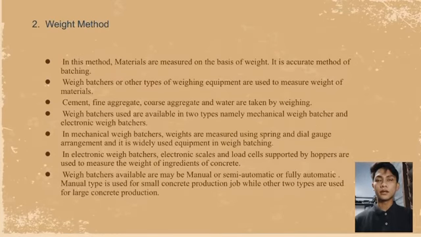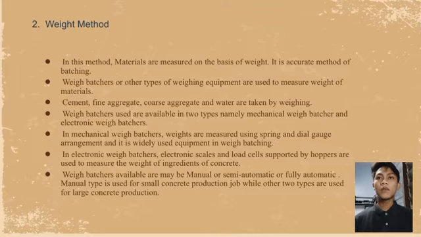Second, weight method. In this method, materials are measured on the basis of weight. It is an accurate method of batching. Weight batchers or other types of weighing equipment are used to measure the weight of materials. Cement, fine aggregate, coarse aggregate, and water are taken by weighing. Weight batchers used are available in two types, namely mechanical weight batchers and electronic weight batchers.